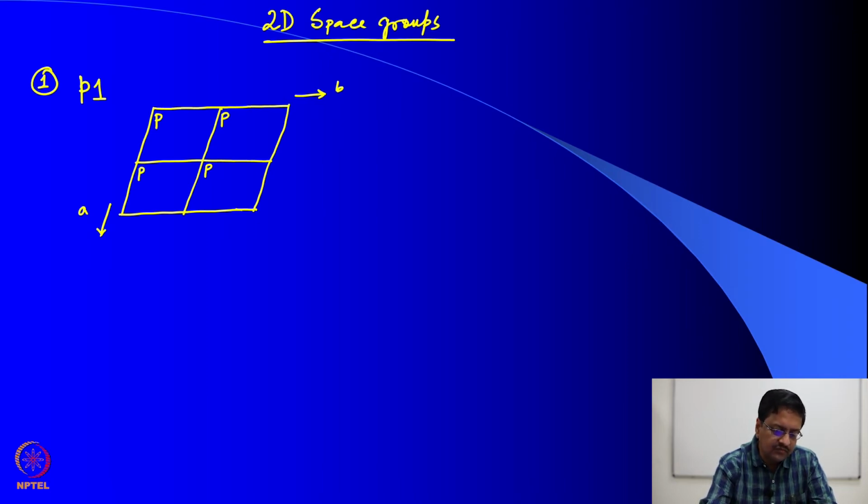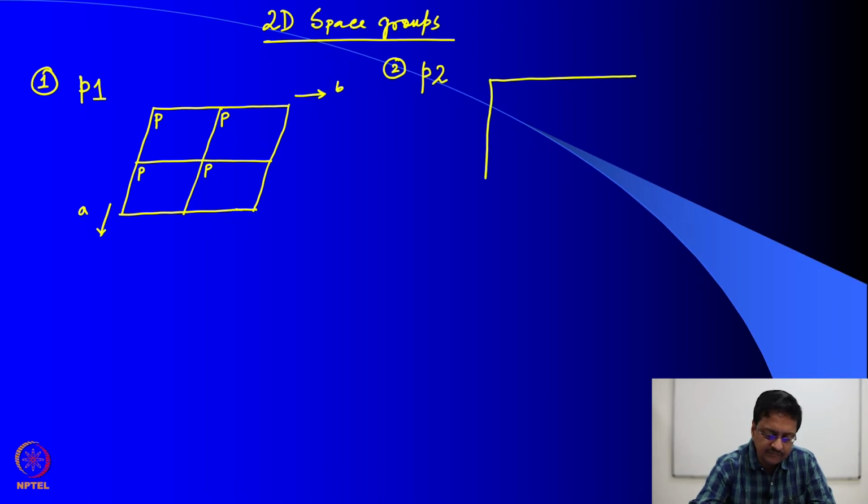The next higher symmetry is P2, which means there is a twofold axis of rotation. And as soon as you have a restriction of twofold axis of rotation, then that gamma angle has to become 90 degrees. So this can be there in case of square and rectangular lattices.